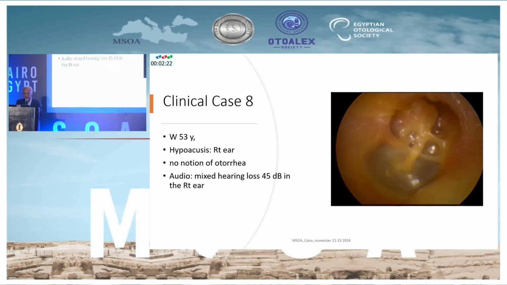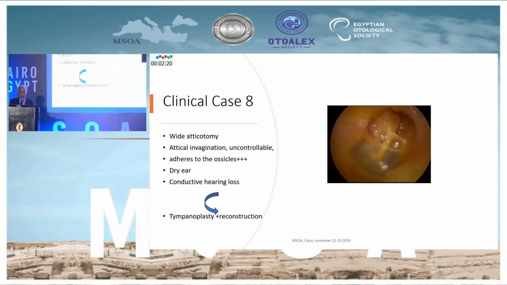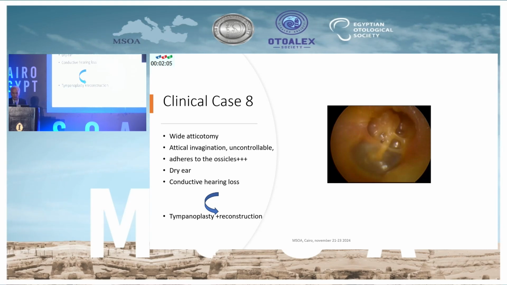It's a case with a wide atticotomy, which permits control of all the retraction pocket, atypical invagination. It adheres to the ossicles. The ear is dry, and she has conductive hearing loss.